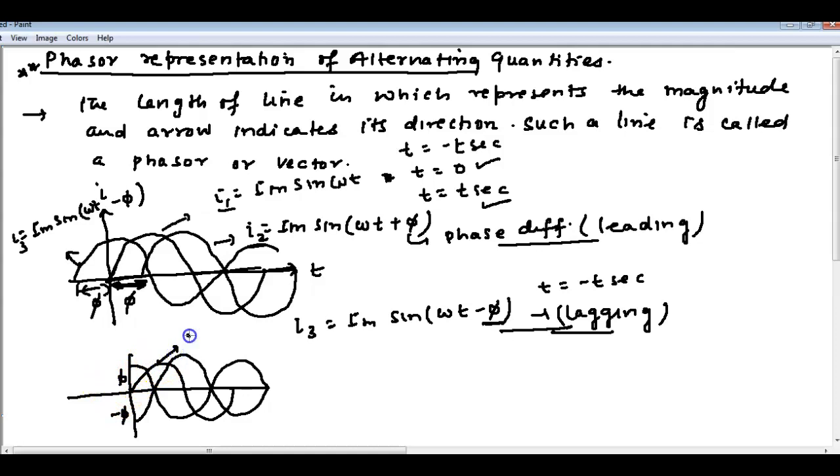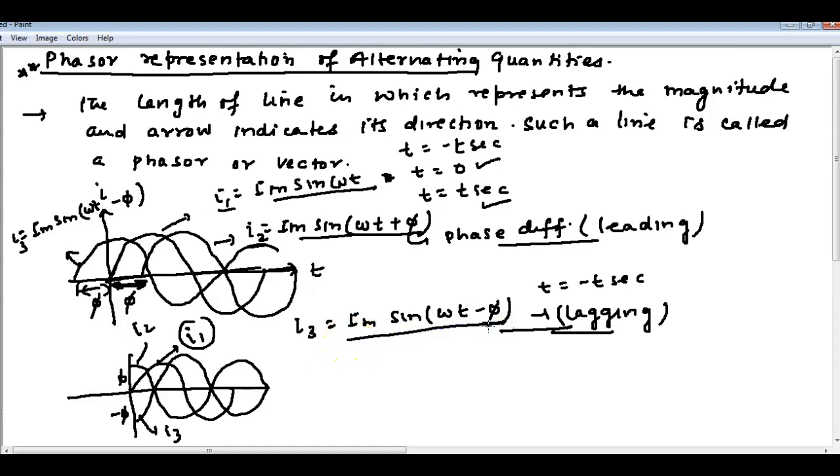So I1 is Im sine of omega t, I2 is leading, Im sine of omega t plus phi, and I3 is lagging, Im sine of omega t minus phi.